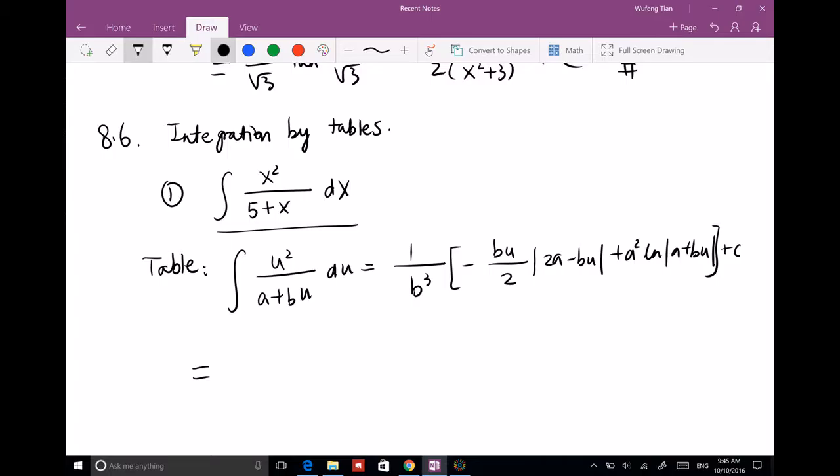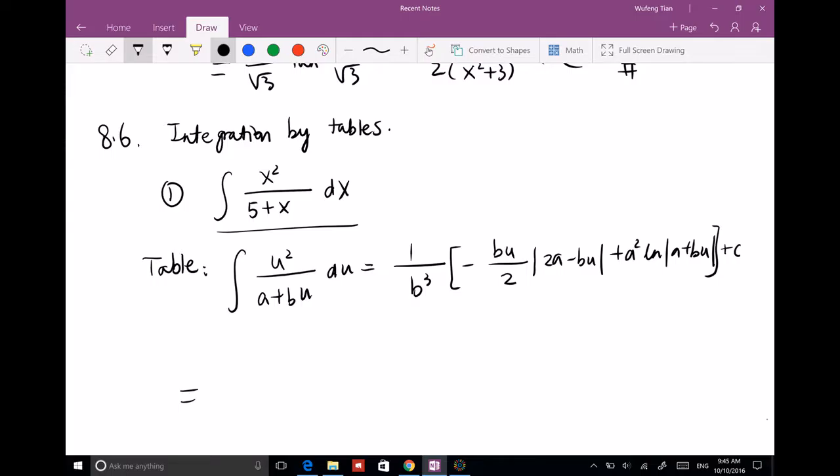So now since the formula is given, I would want a student to help me to finish this final result. Whenever you have a formula with A and B, the best way is to match it. See what is A, what is B, then you won't make the mistake.